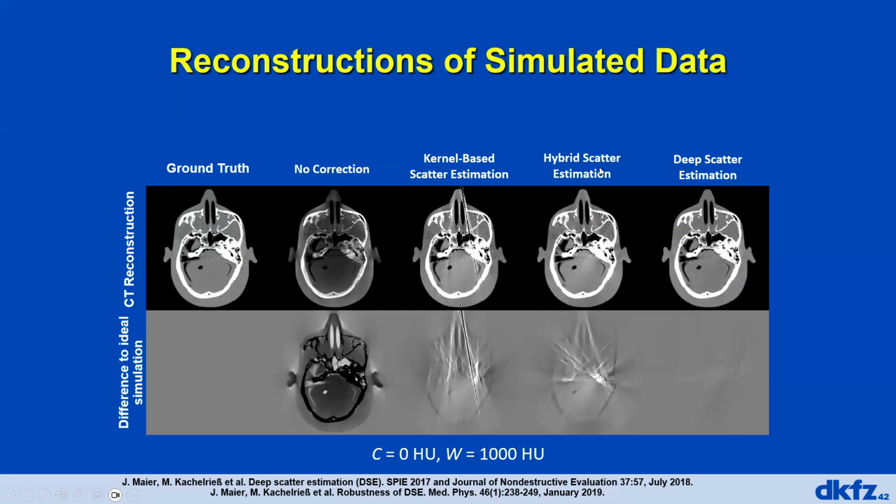And then we have two reference methods, the kernel-based and hybrid scatter estimation. They work quite well, but in particular, the kernel-based method shows some streaking artifacts. And if we now have a closer look at the deep scatter estimation, we find that this reconstruction does not contain any artifacts, and the difference to the ground truth is minimal.